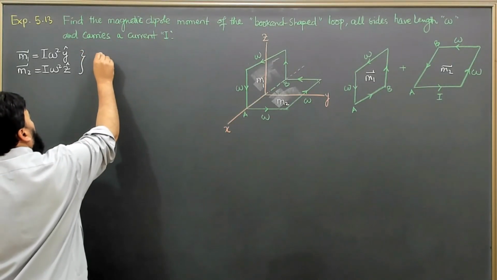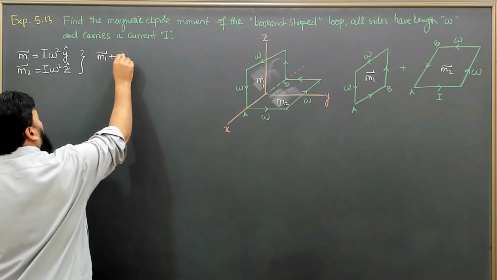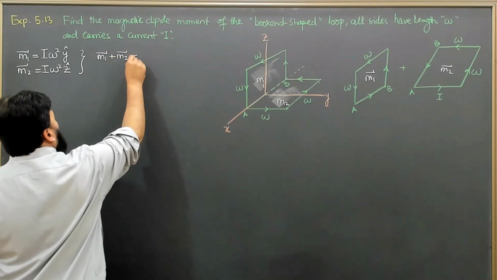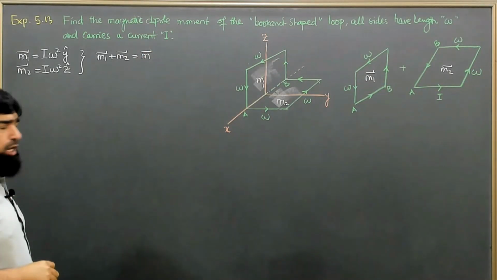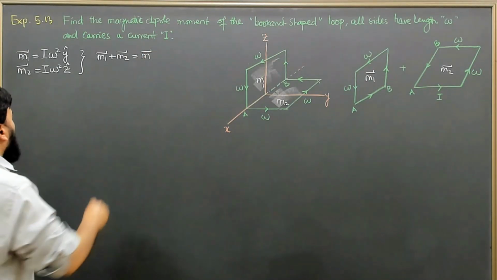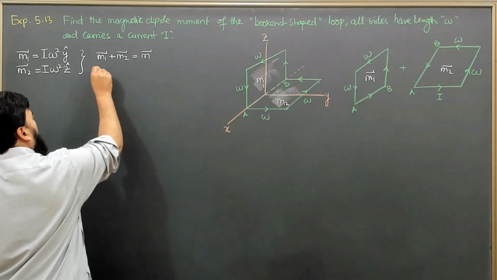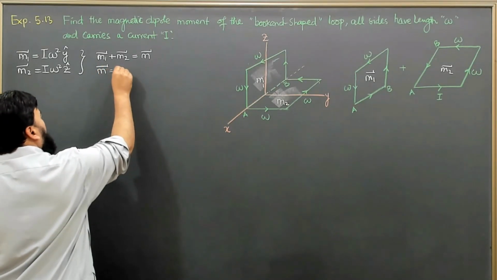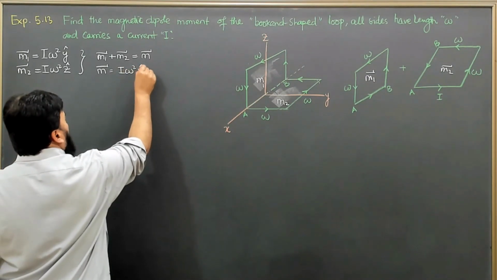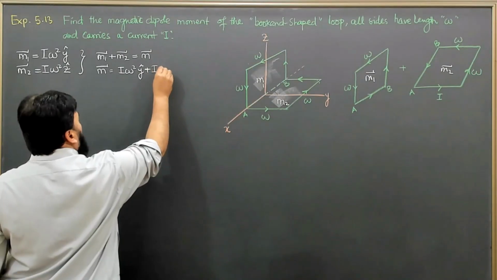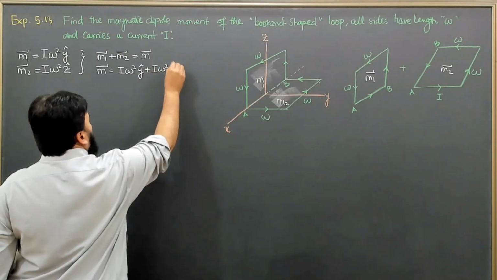So what is the total dipole moment? The total dipole moment is M1 plus M2, and let's say this is equal to the total dipole moment M. So M is equal to I omega square in y and I omega square in z.